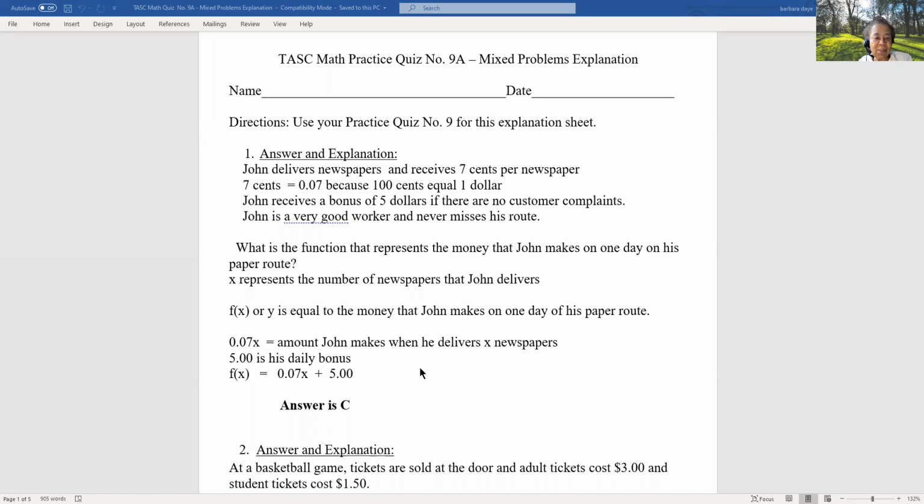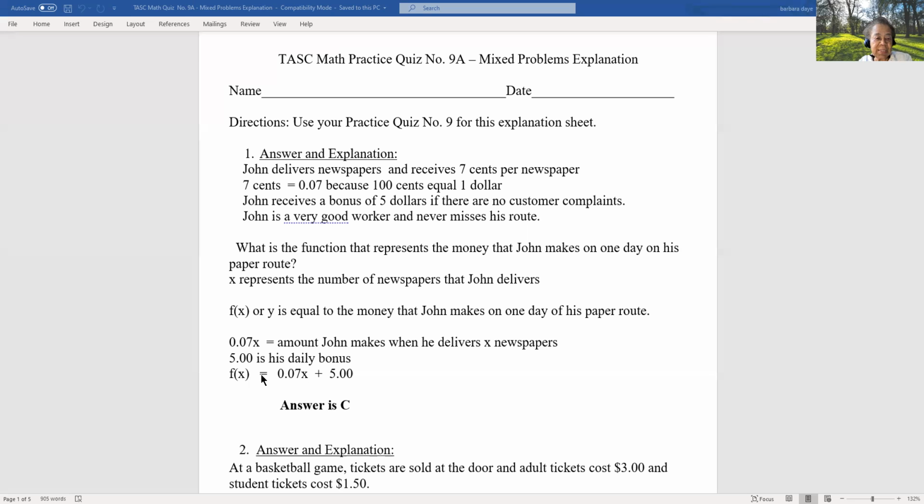So if we combine those two together, it could be either y or f of x, 0.07, the cost he makes per newspaper, times X, the number of newspapers that he delivers, plus the $5, which is the bonus, and that answer is C.